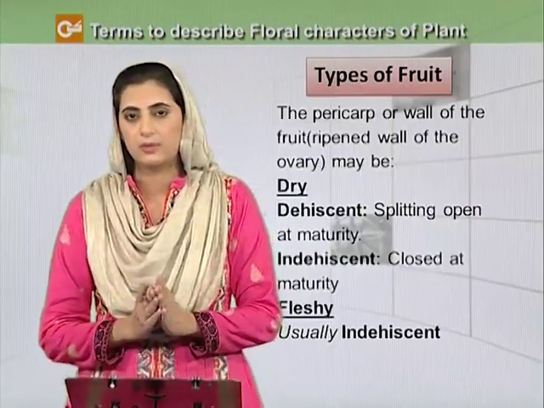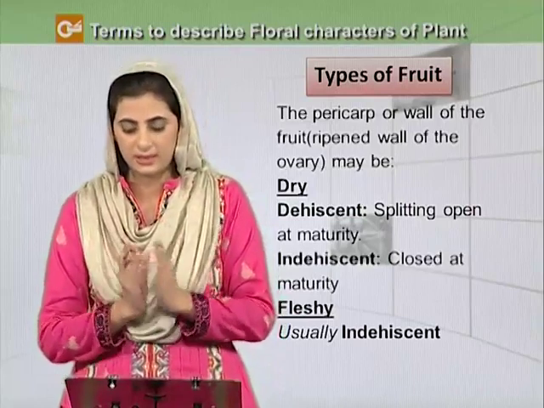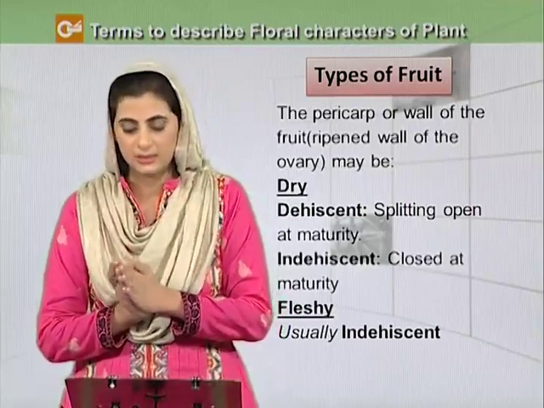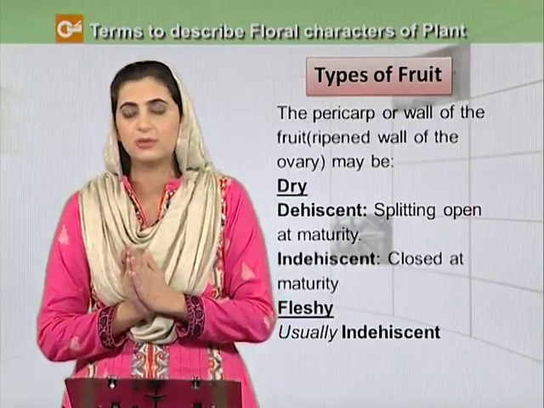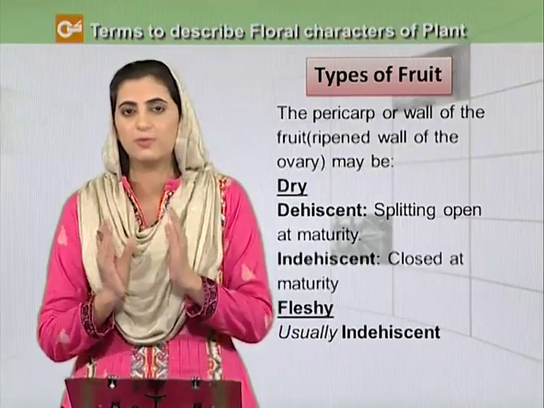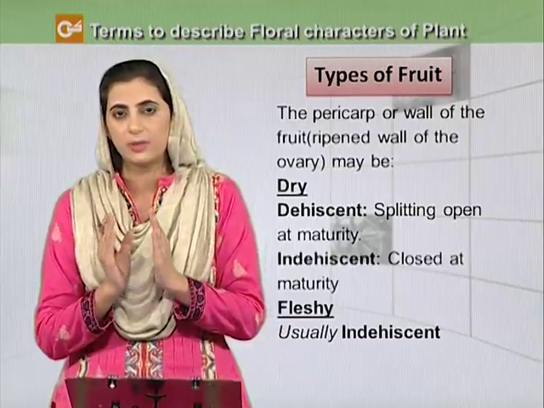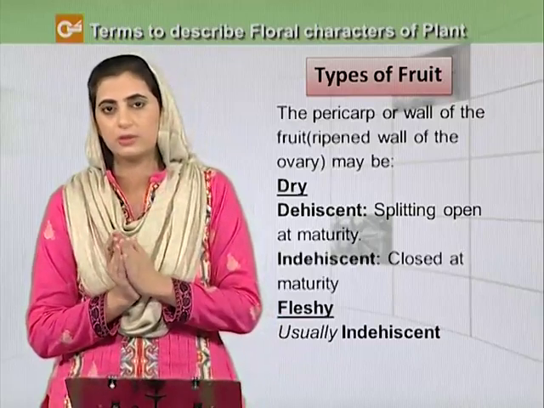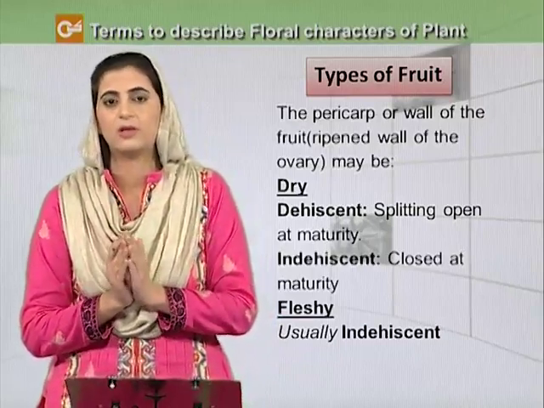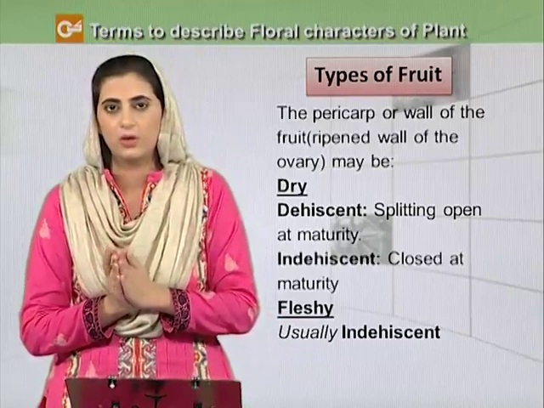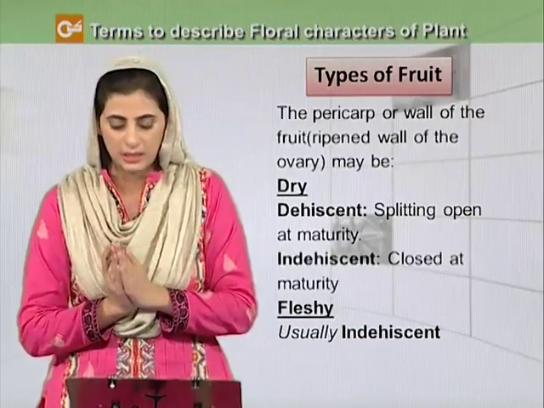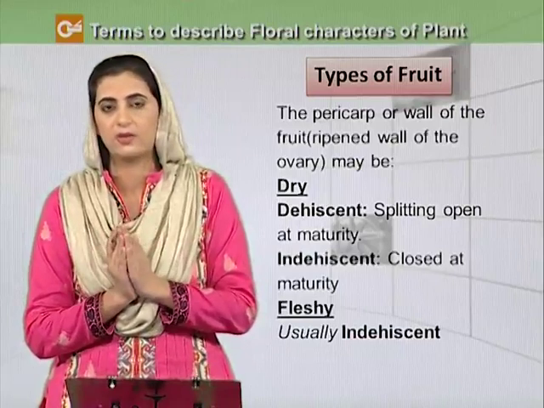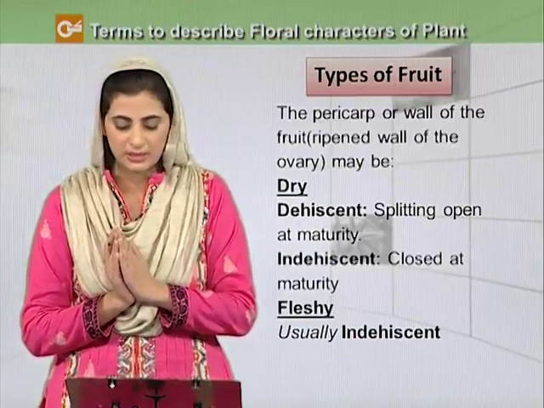Then there are various types of fruit, और इसकी broad categories हैं on the basis of dehiscence. Dehiscence is actually splitting up at maturity. जब fruit mature हो जाता है तो अगर उसका pericarp split हो जाता है तो it is called as dehiscent for dispersal of that fruit. और अगर वो disperse नहीं होता and closed at maturity रहता है fruit, तो उसे हम indehiscent कहते हैं.